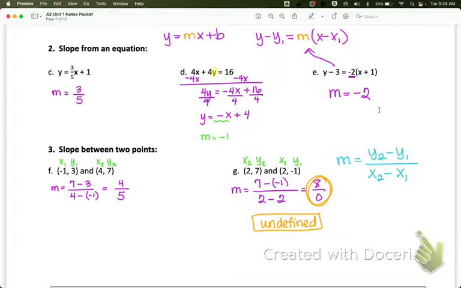This slope is undefined. A quick little reminder, a good way to remember this is N over O is no. That one is undefined. O over K is okay. That one's equal to 0. 0 on top is okay. 0 on the bottom is no. That one gives you undefined.